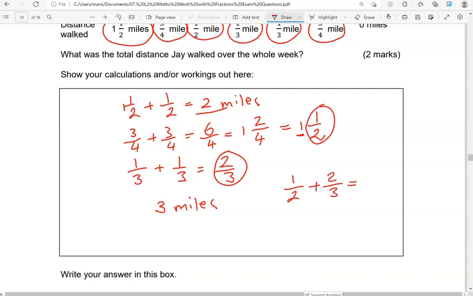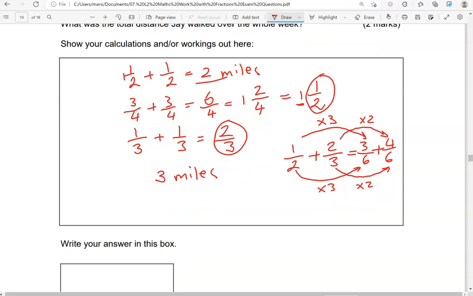Common denominator for both can be 6. To get from 2 to 6 we multiply by 3, so we do the same to the top number. 1 times 3 gives us 3. To get from 3 to 6 we multiply by 2, so 2 times 2 gives us 4.